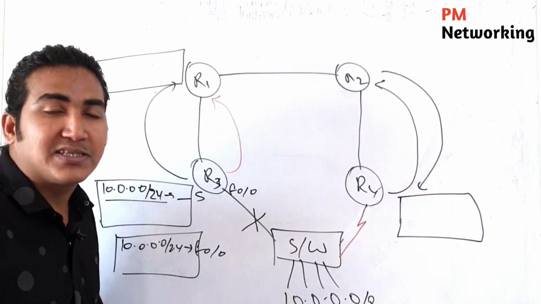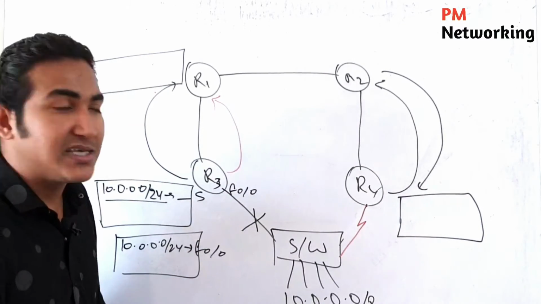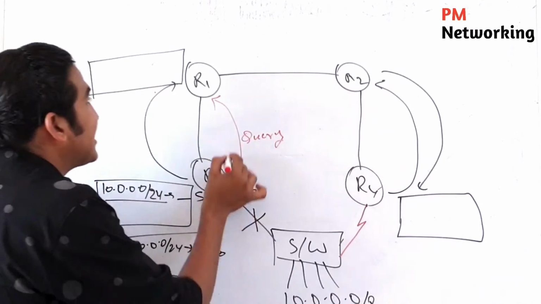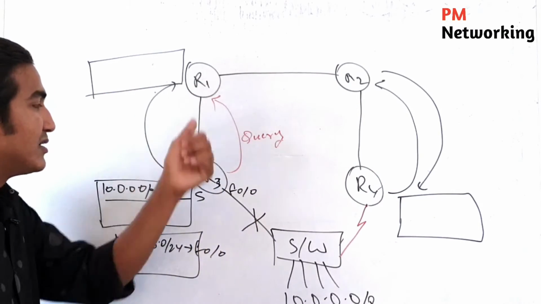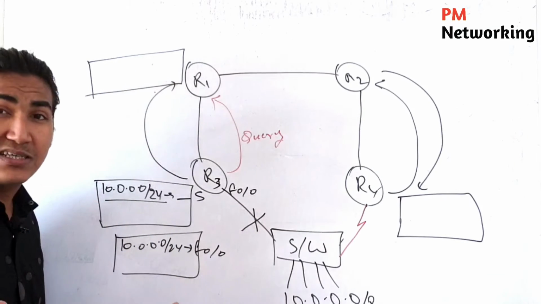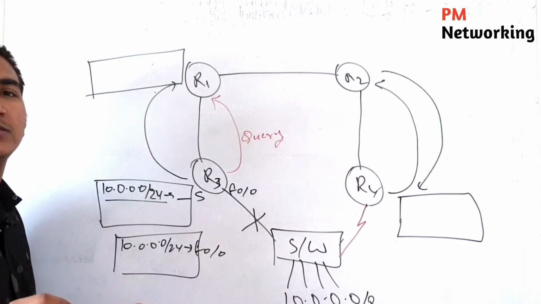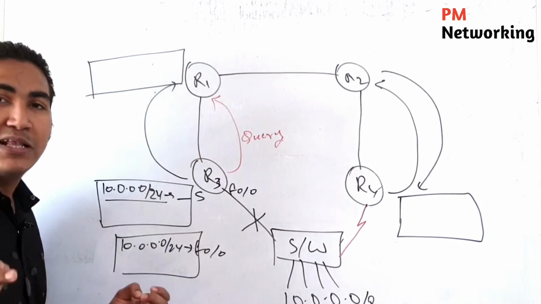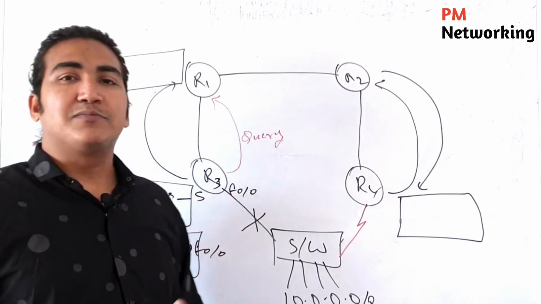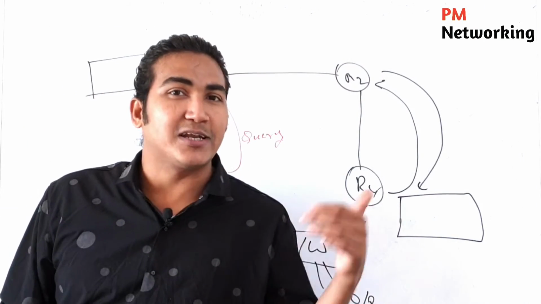First use of query message, and second use of query message: R3 is asking R1, do you have an alternate path? If there is no feasible successor in the topology table, then only this query message will be generated to ask, do you have an alternate path.